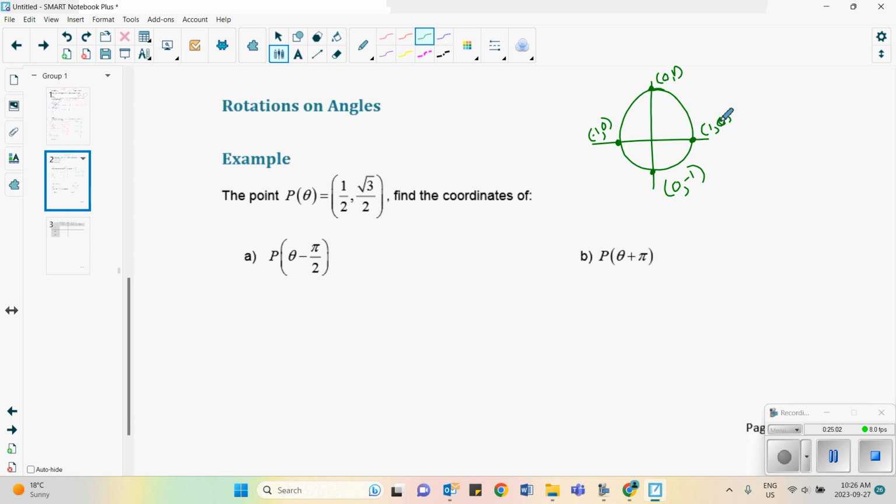So there's something that happens between the coordinates every time you rotate 90 degrees. They switch. So when you rotate 90 degrees, the coordinates switch places.